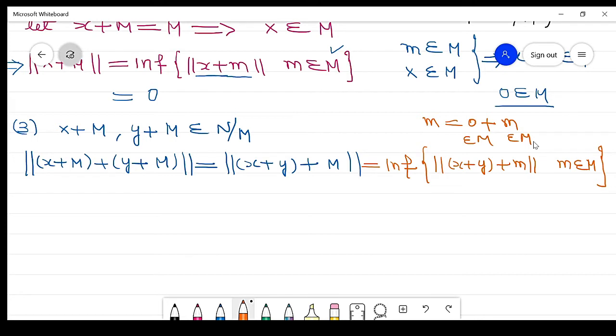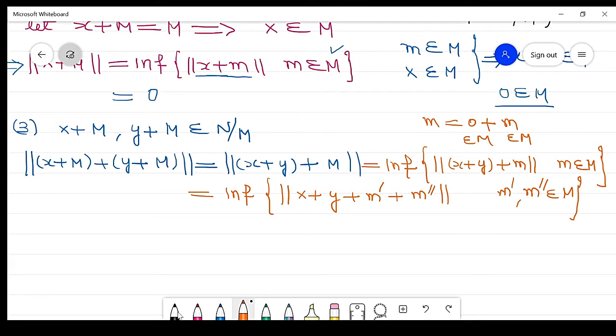So any vector of M can be represented as the sum of vectors of M. So this value can be written as the infimum of the norm of x plus y plus m dash plus m double dash, where m dash and m double dash belong to capital M, right?